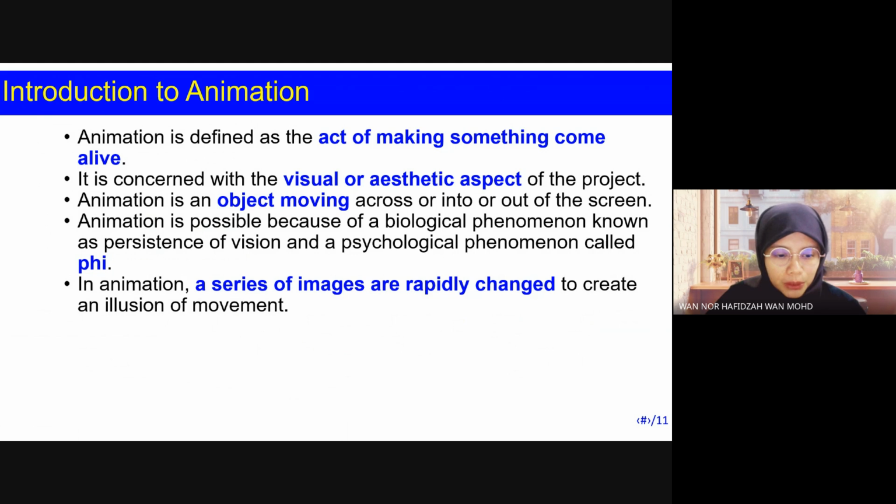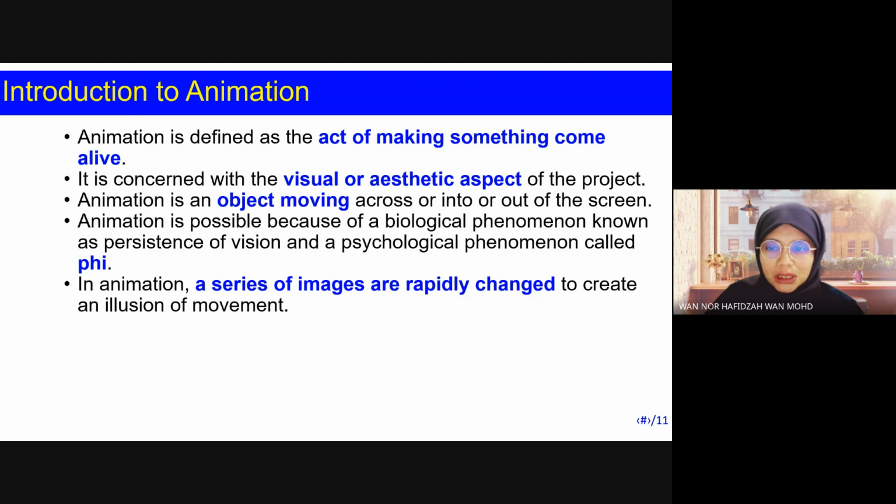But how does this work? It works thanks to two interesting effects. The first one is persistence of vision. This is a biological effect where our eyes hold onto an image for a split second. The second one is the phi phenomenon.